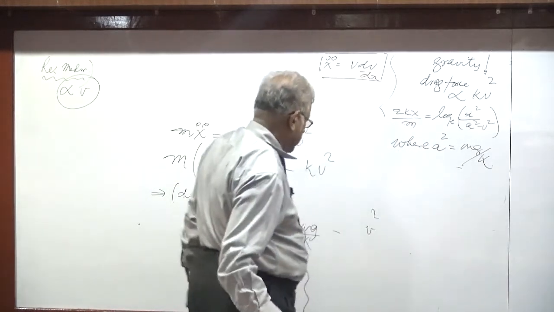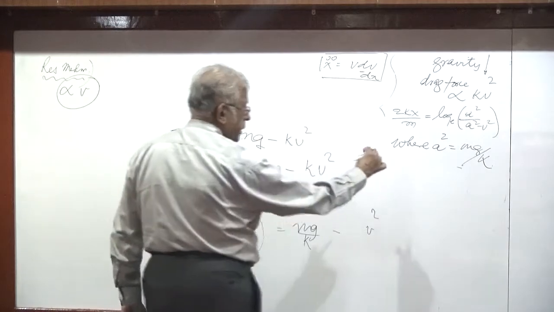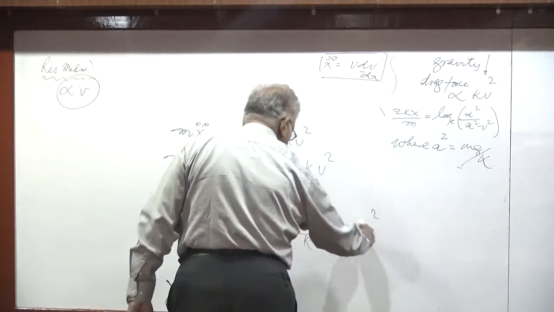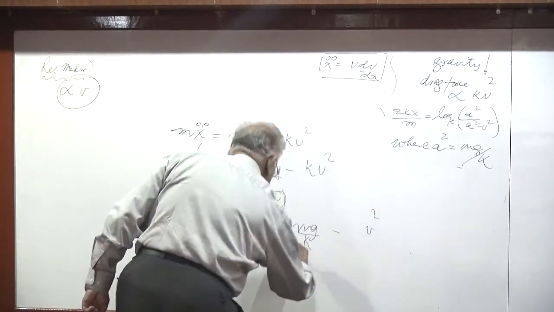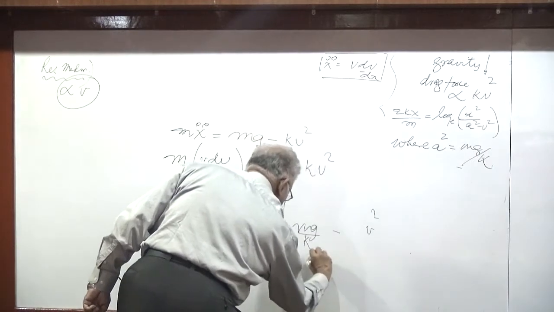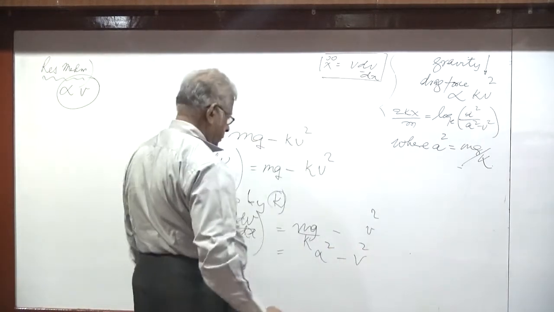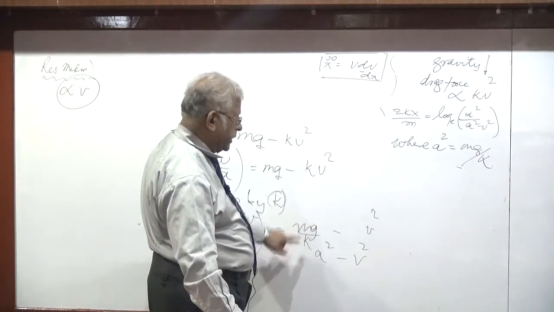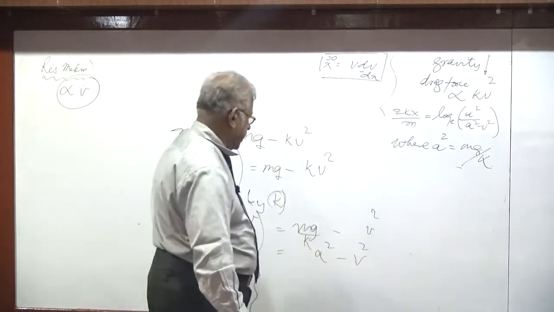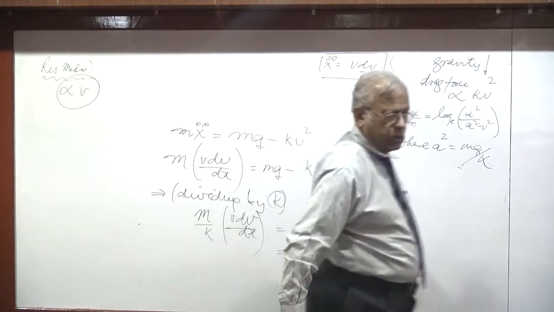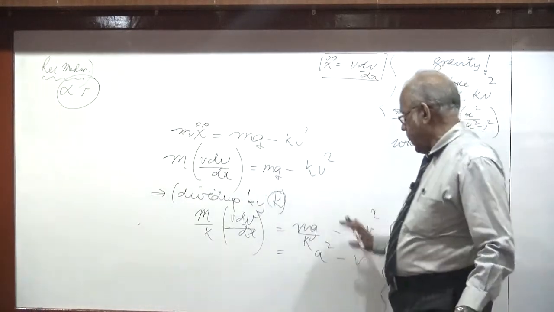So this is actually a square minus v square. Simple. This is mg by k, which is a square, and this v square is a standalone term because we divided by k.